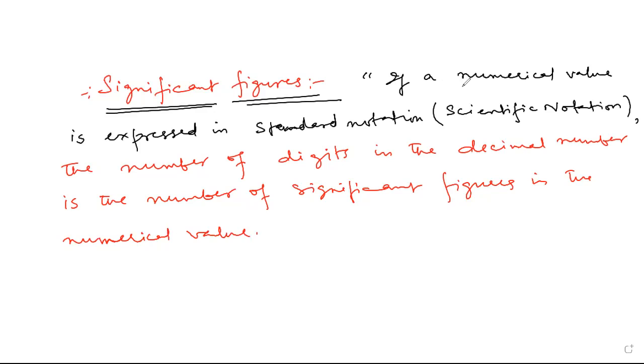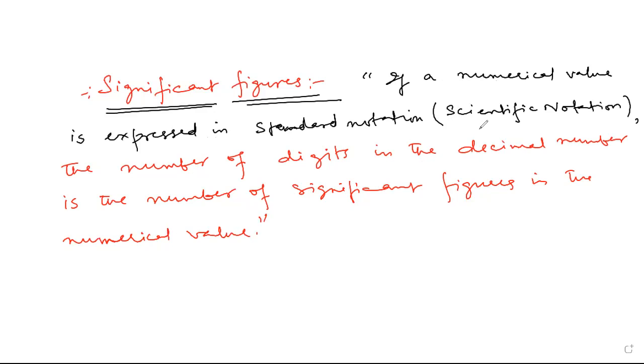Repeat, if a numerical value is expressed in standard notation or scientific notation, the number of digits in the decimal number is the number of significant figures of the numerical value.